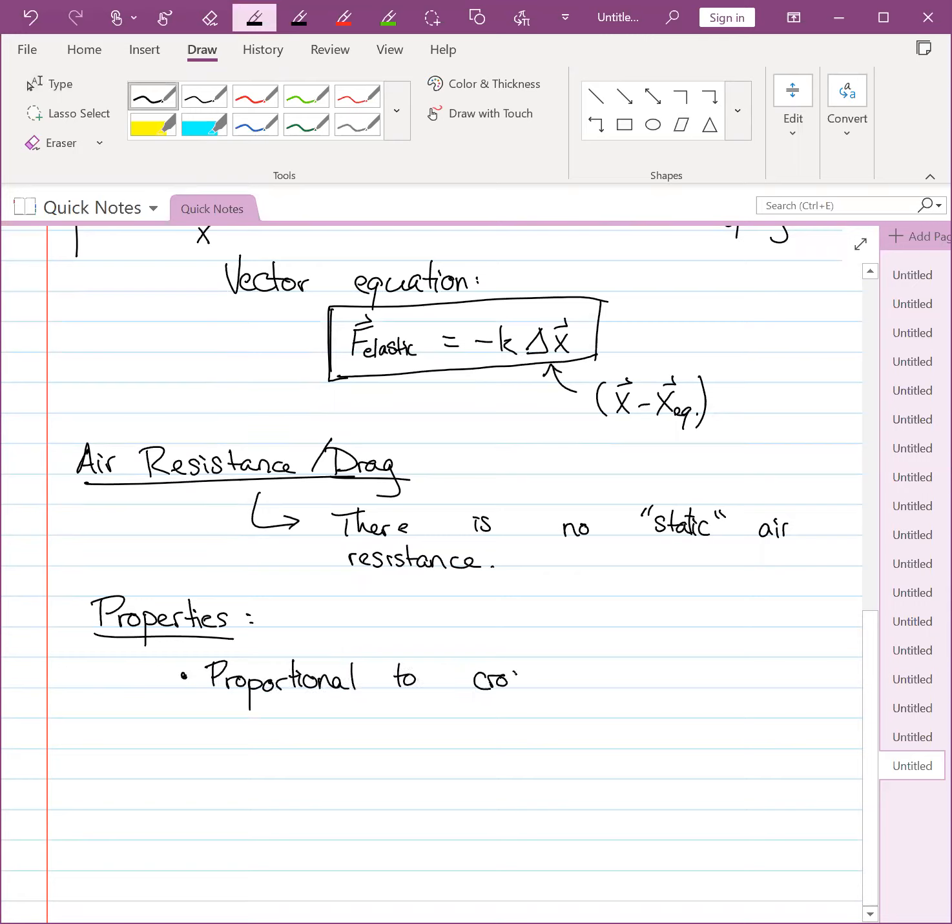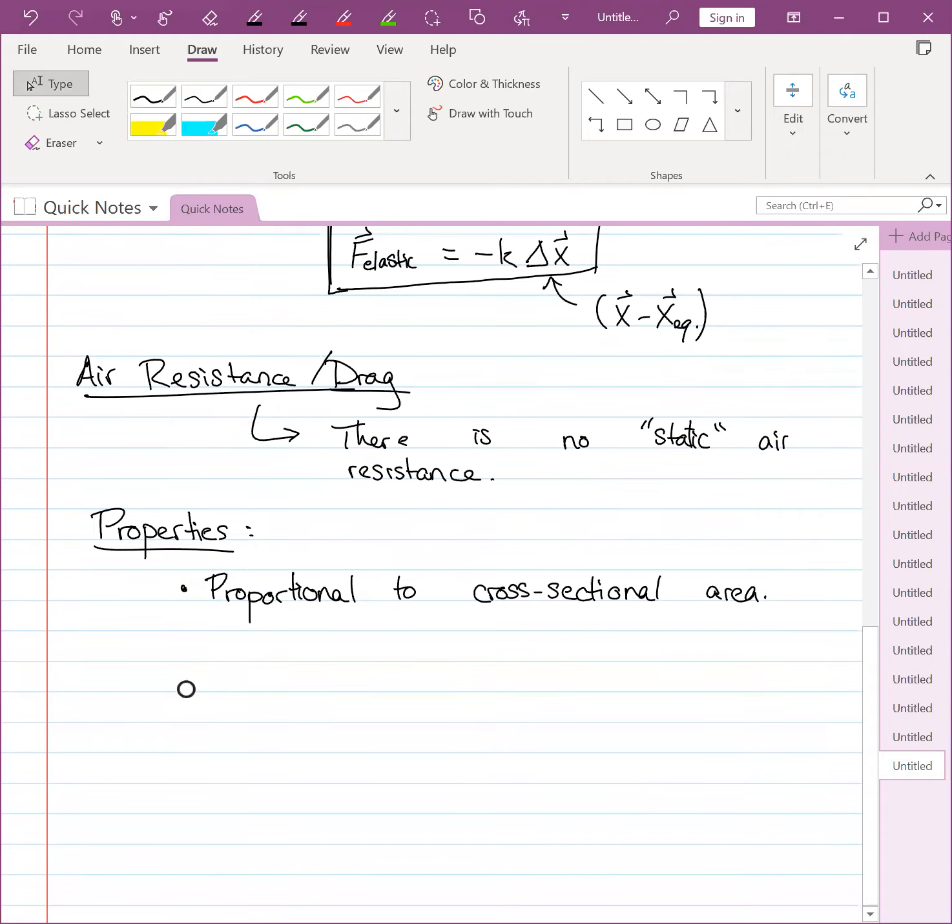If you have a larger thing, then it will experience more air drag than something that is otherwise identical but smaller. That's because air resistance is basically a measure of how hard the air molecules are bouncing off the surface of your object. If your object has a bigger surface, you have more air molecules bouncing off. So the larger the cross-sectional area, the more air drag you would expect.